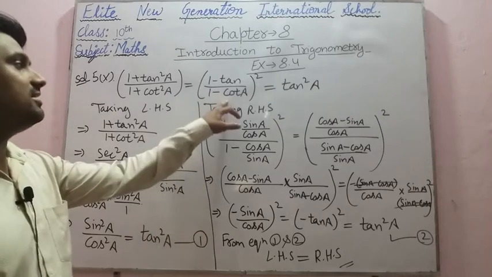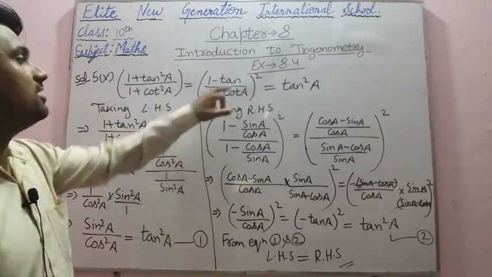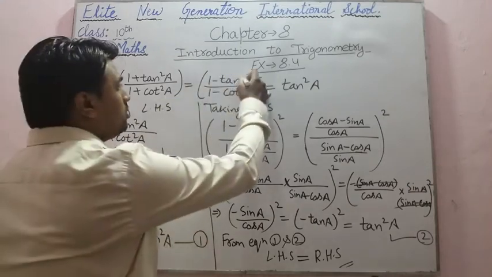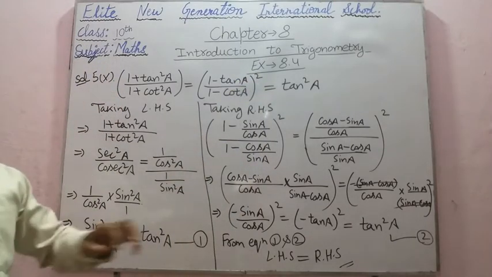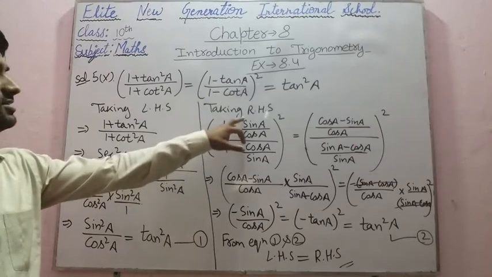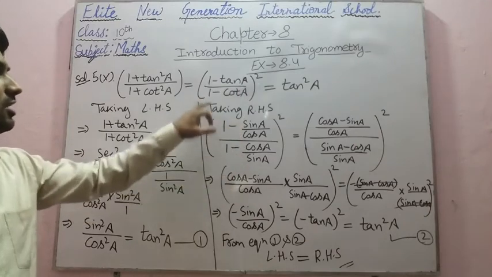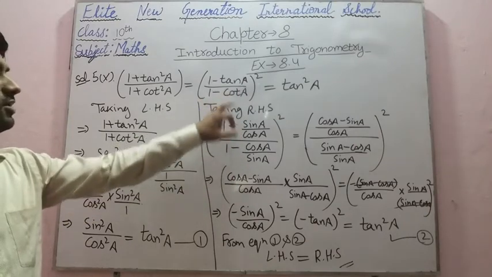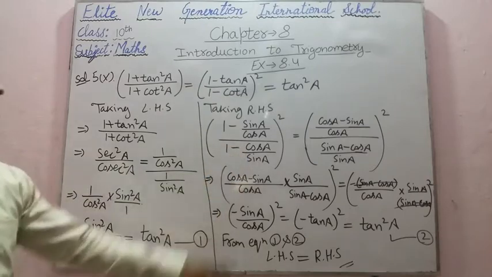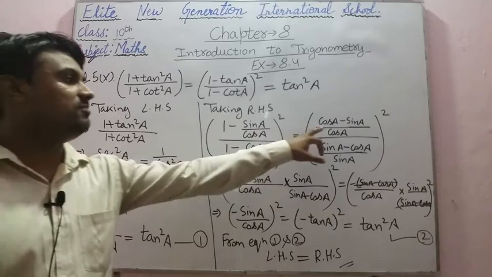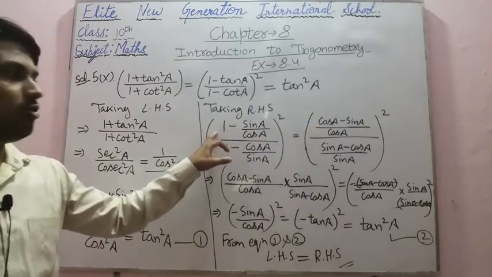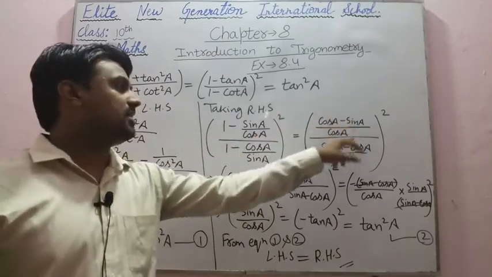Now taking the right hand side, we have 1 minus tan a upon 1 minus cot a. So in place of tan a we can write sin a upon cos a, and in place of cot a we can write cos a upon sin a, whole square. Then by taking LCM, the LCM will be cos a, so cos a into 1 will be cos a minus sin a upon cos a.